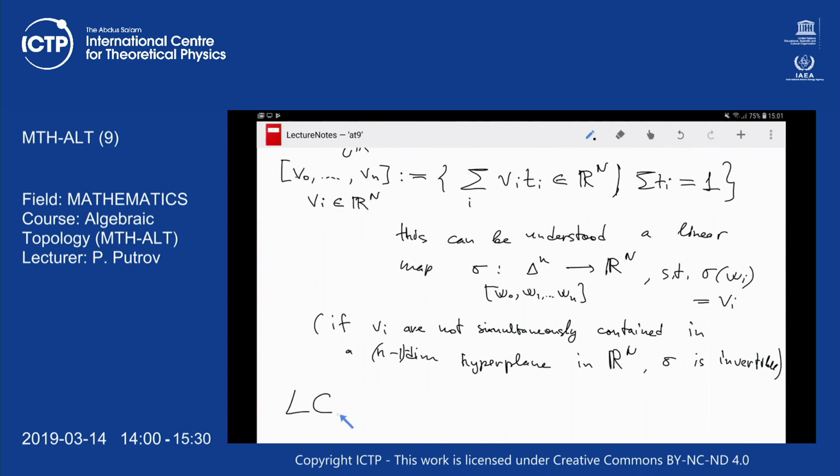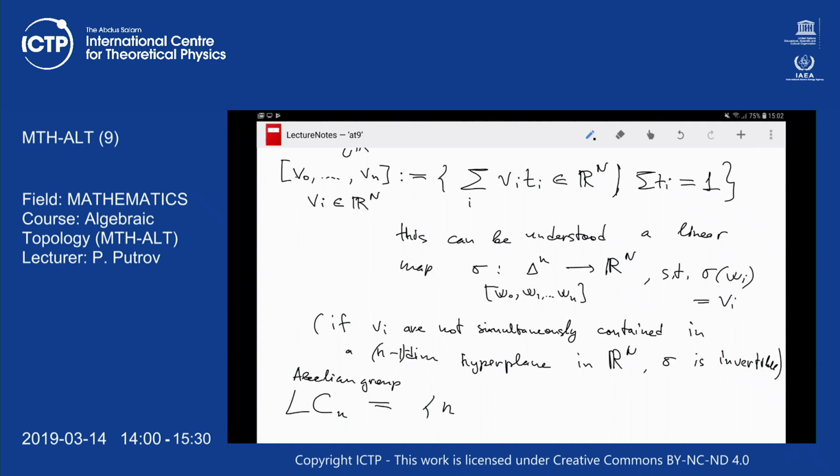And then I can define the following abelian group, which we shall denote LCn.